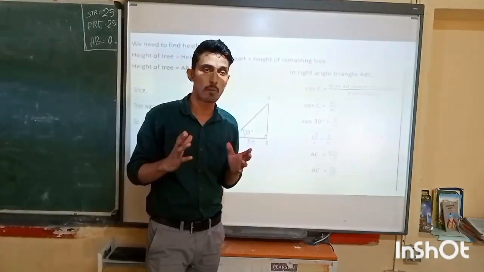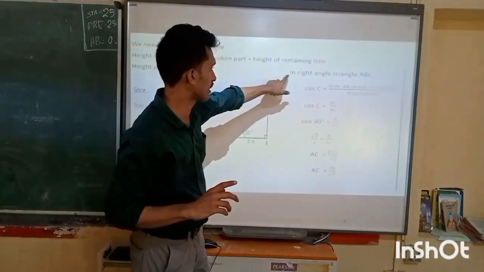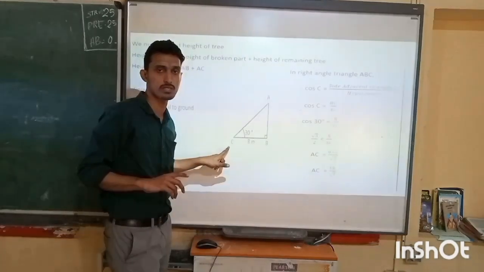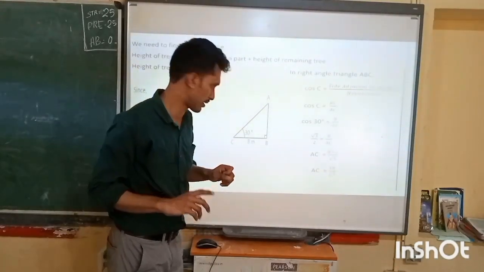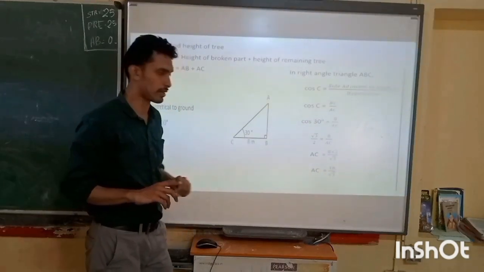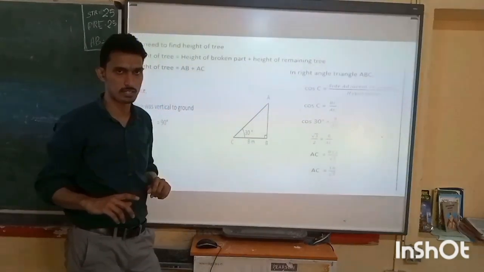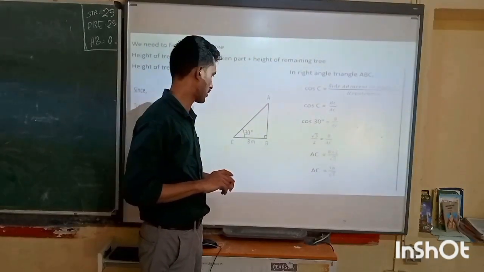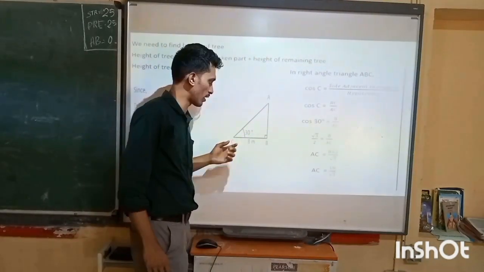So this is an example of a right angle triangle, and we can definitely apply trigonometric applications. So in right triangle ABC, first we are finding the cos of this angle. Cos 30 equal to 8 by AC. Let's find cos 30 now.